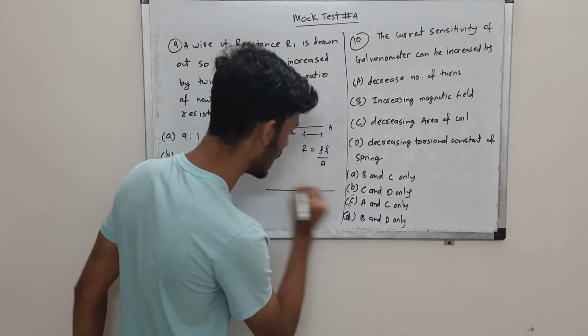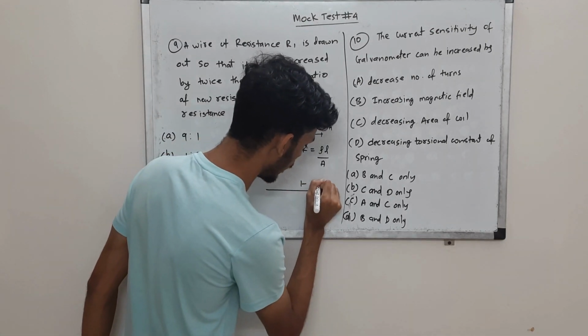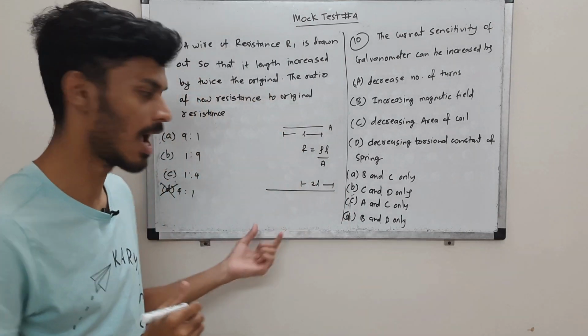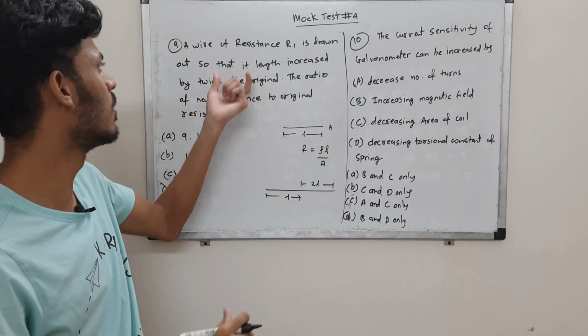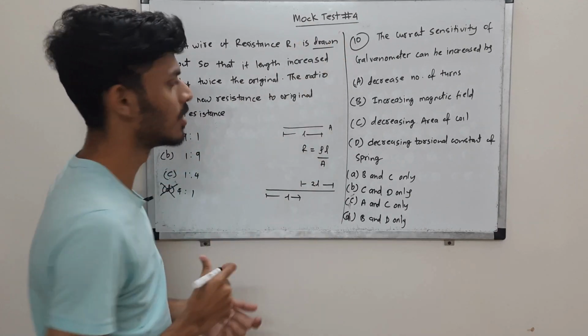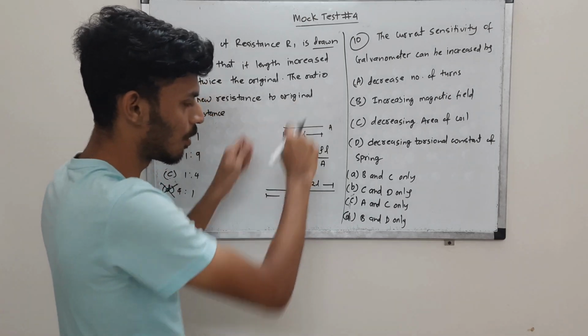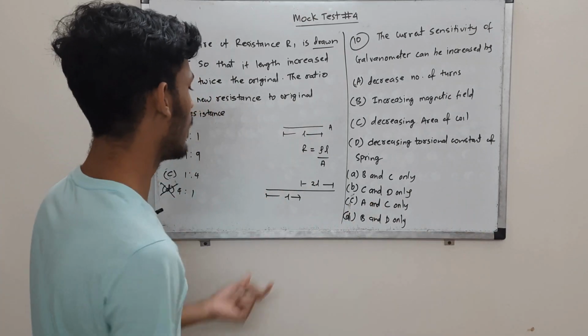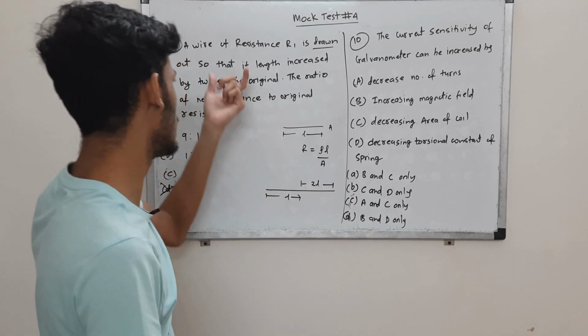Okay, so the increase in the length of this wire is 2L, and the original length was L. Right, so you are going to stretch the wire. Whenever the words drawn or stretched are used, you are basically stretching that wire. So its increase in the length is 2L, twice the original length.